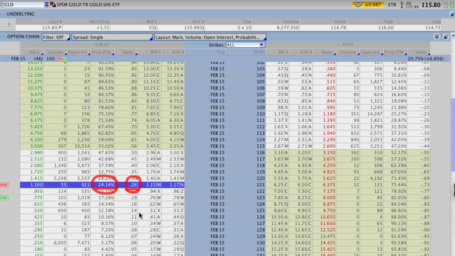Likewise, with the strikes further out, the 126 calls, you can see they had about a 10.1% chance of being in the money, and the delta on those is 0.11. So it's not 100% accurate and not always the same, but it gives you a good road marker as you look for strike prices and pin that probability of success.